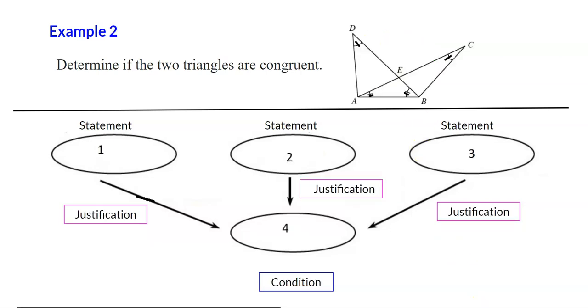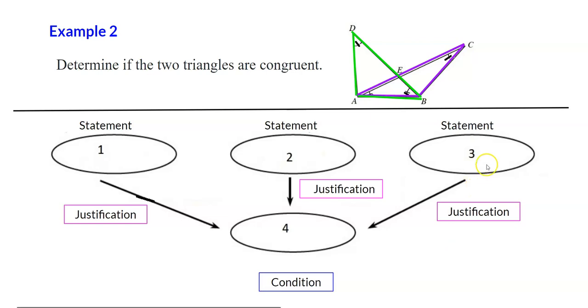Okay, let's look at example 2. Again, same thing. We have two separate triangles on top of each other. I'm going to highlight this one in purple and the second one in green. They both share this baseline of AB. Going through your four conditions, which one can it be?